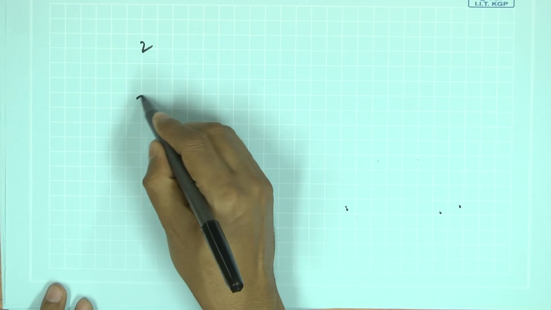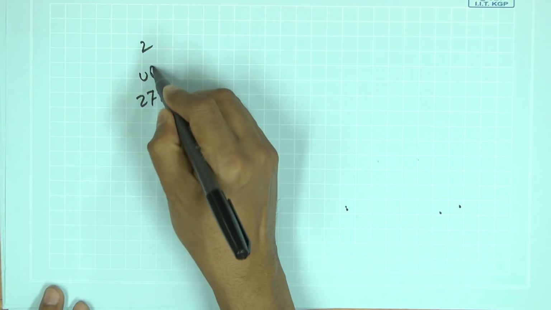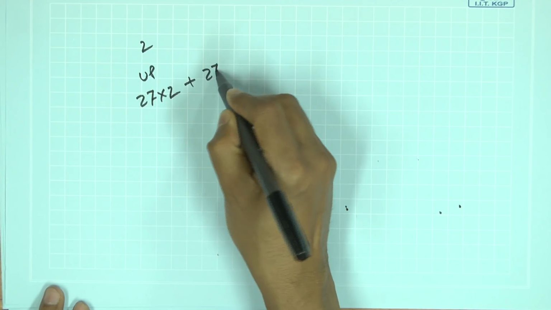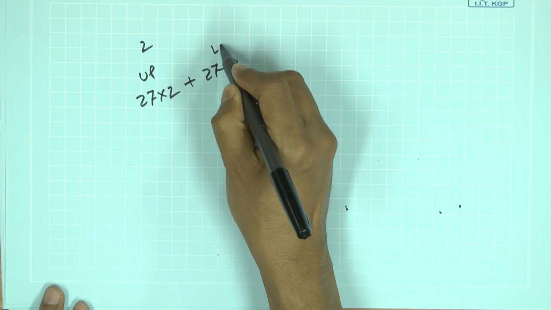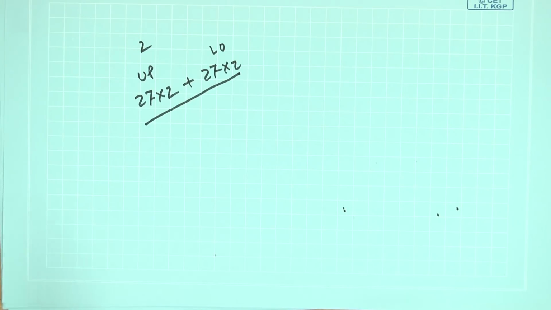So let's say all 27 students give the correct answers: 27 into 2 for the upper group, plus 27 into 2 for the lower group, divided by how many marks the question carries. 27 is the upper group, 27 is the lower group, so the total number of students is 54.